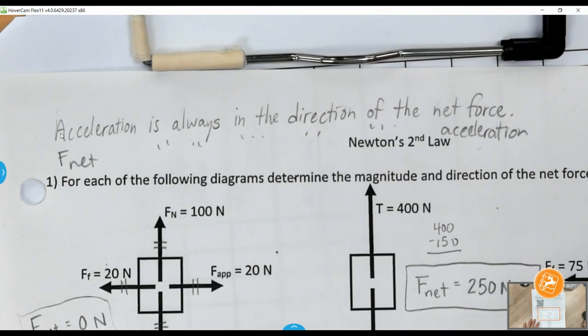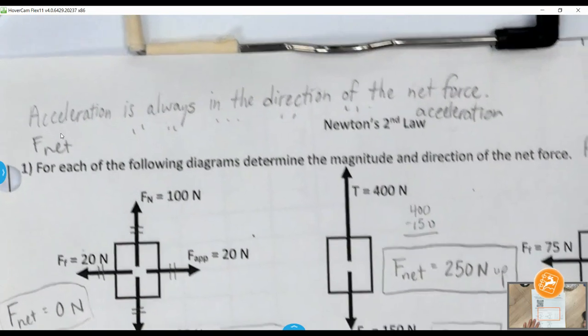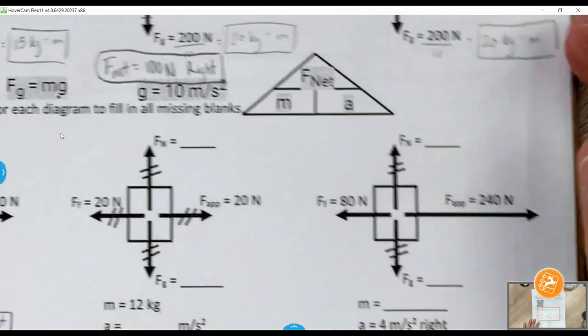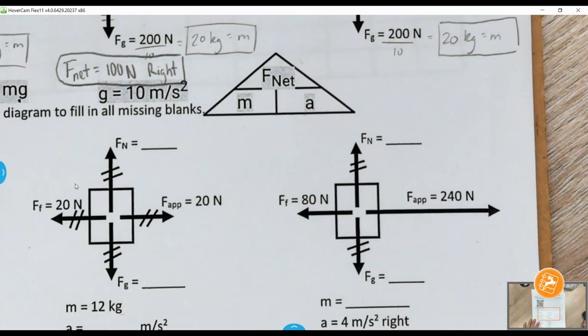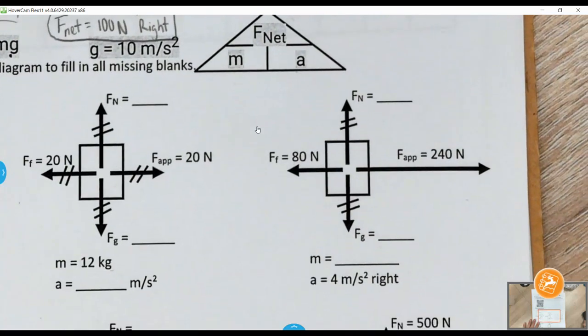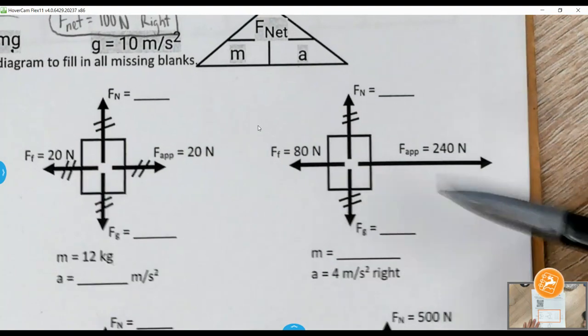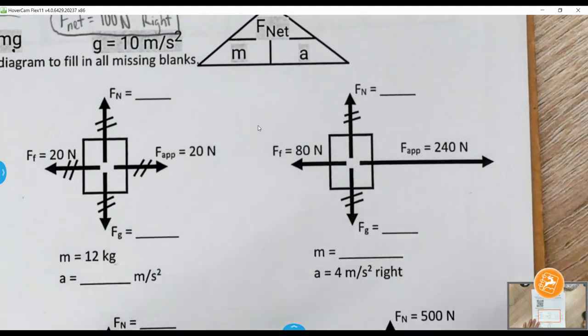So let's try one that's a little more difficult. Let's take a look at number 3. How do I start this?